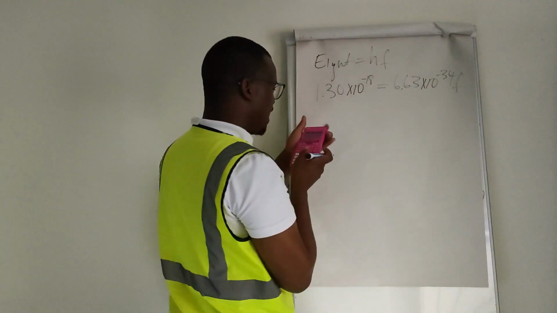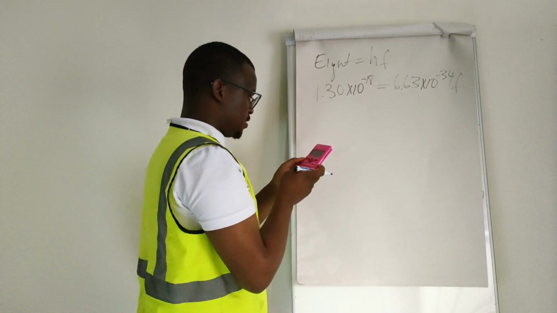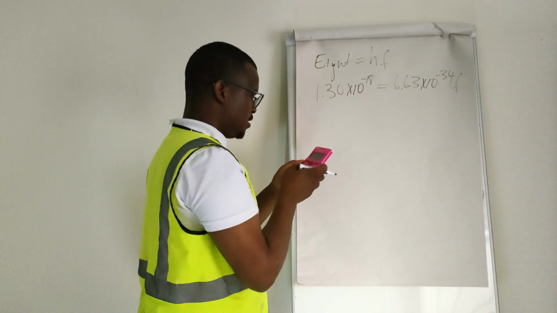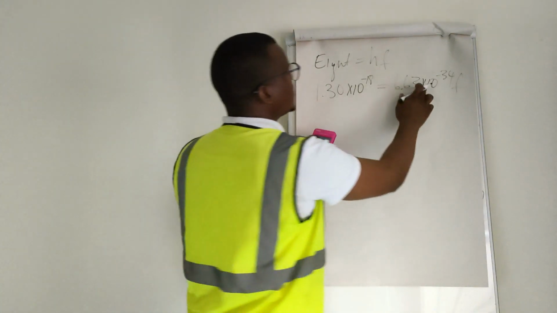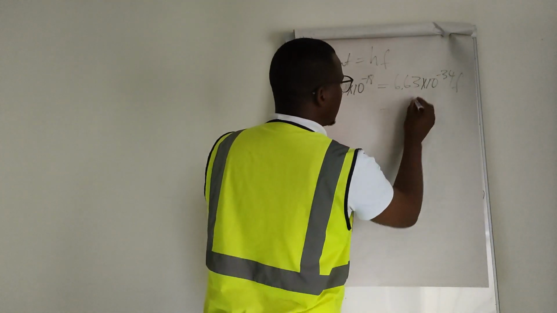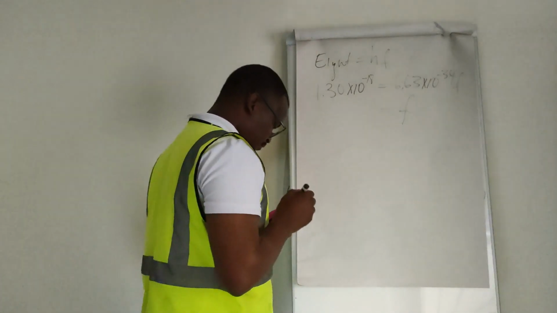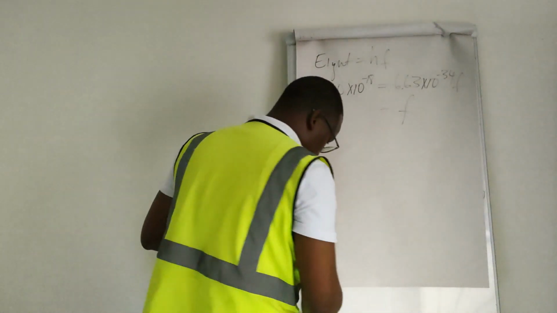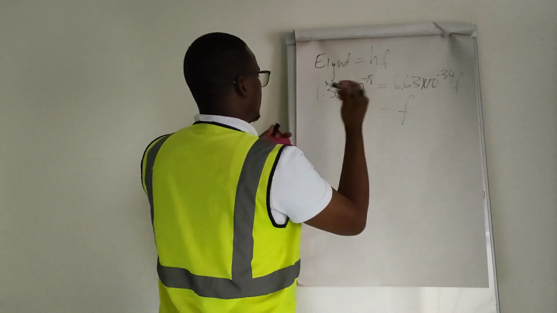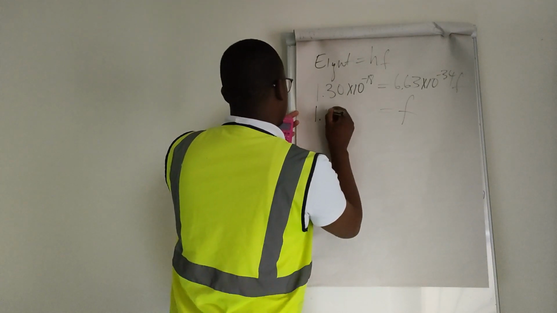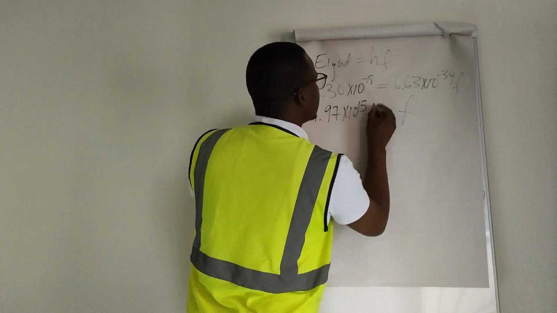So you divide both sides by 6.63 times 10 to the minus 34, so this side will be left with f, which is equal to 1.997 times 10 to the power 15 hertz.